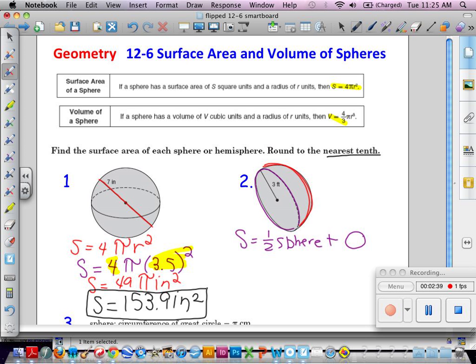So you're going to have to find half of the sphere first. Surface area equals a half sphere's area, which is 4 pi r squared, and my radius is 3 squared. Then I have to find the circle, which is pi r squared.